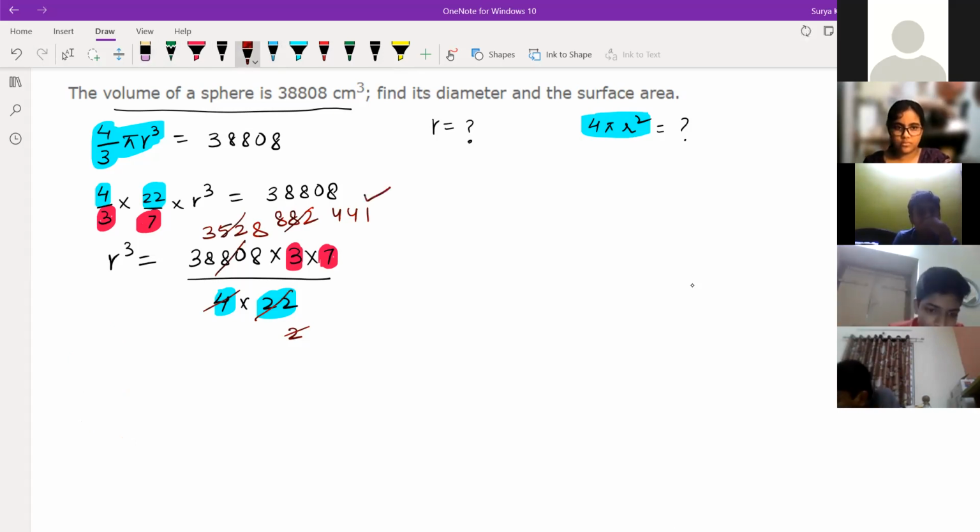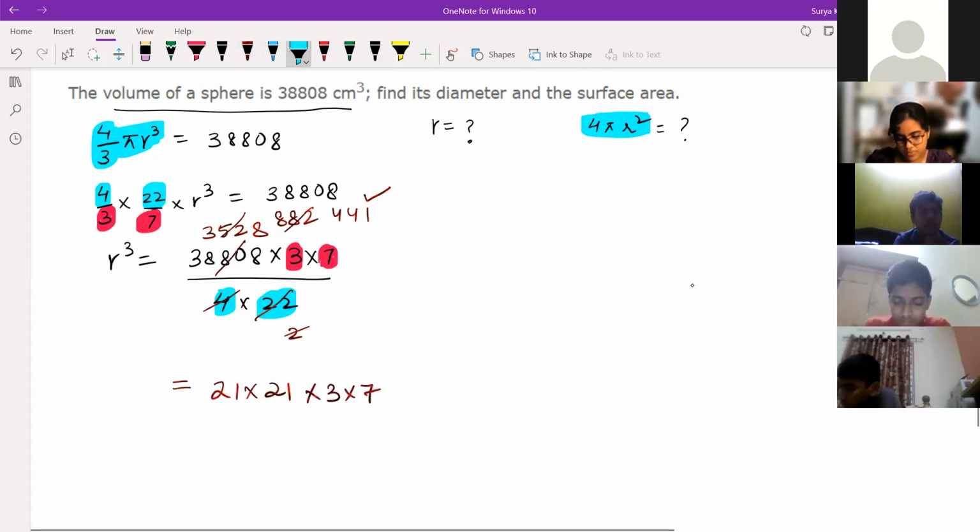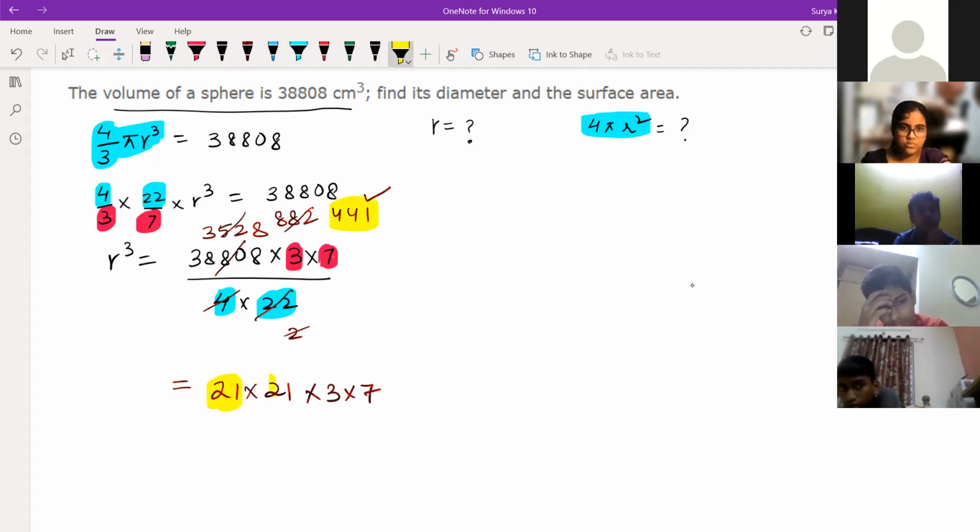So 441 we can write as what? 441 we can write as 21 into 21, right? 21 into 21 is 441 only, into 3 into 7, correct? See, 441 here can be written as 21 into 21.